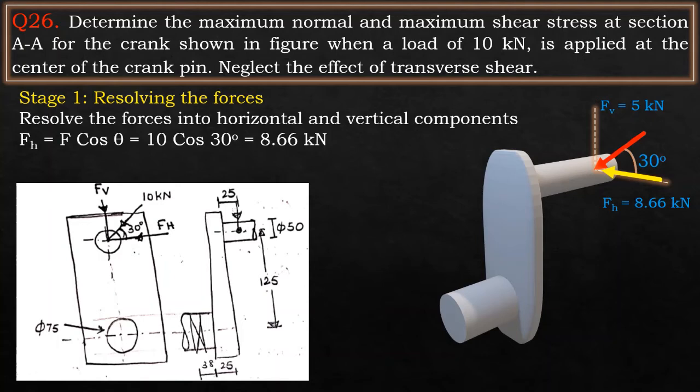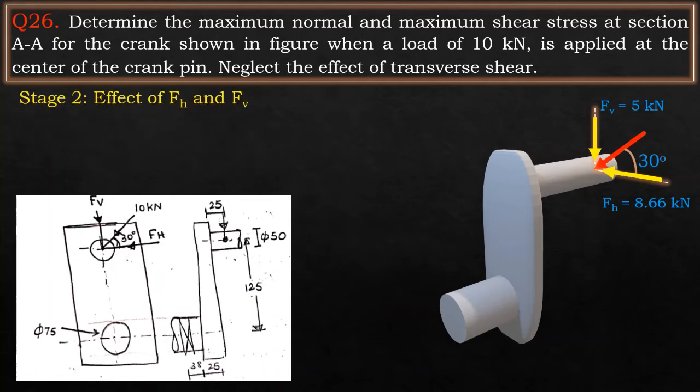Fh is equal to F cos theta, nothing but 10 multiplied by cos 30, which is nothing but 8.66 kilonewtons. And Fv, the vertical component of the force, is given by Fv is equal to F sin theta, whose value is equal to 10 sin 30 degrees, which is 5 kilonewtons. Thus, we need to resolve the forces into horizontal as well as vertical components.